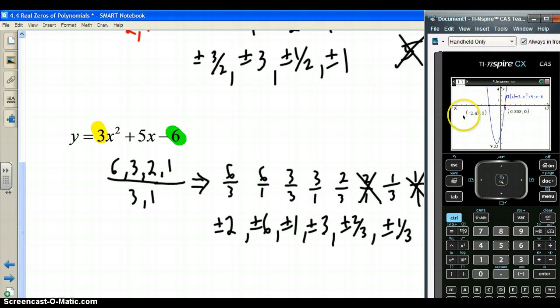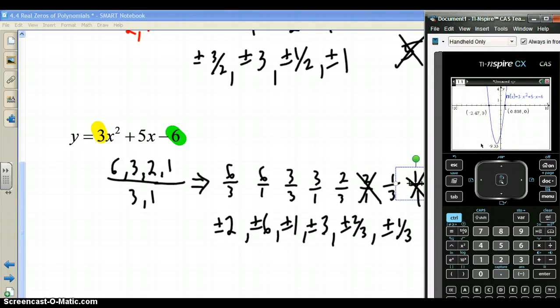So neither of these roots are rational. I would say these are irrational roots. You can even sometimes look at more digits of that if you need to, but those are not one of these possibilities here. So this particular graph has no rational roots.